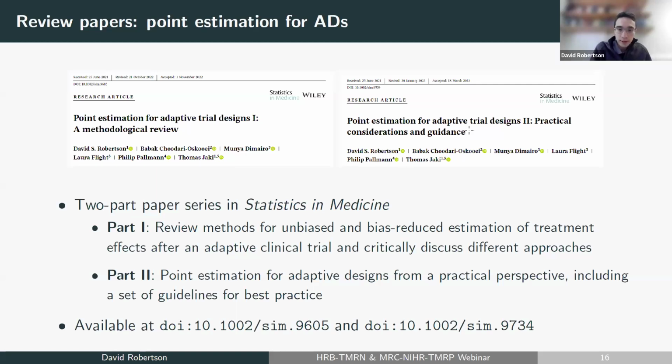And the second part is a more practical perspective, including some proposed guidelines for best practice. So much of this talk is taken from parts of these 2 papers. Of course, can't cover everything in the papers, but if you're interested, then do have a look at those.